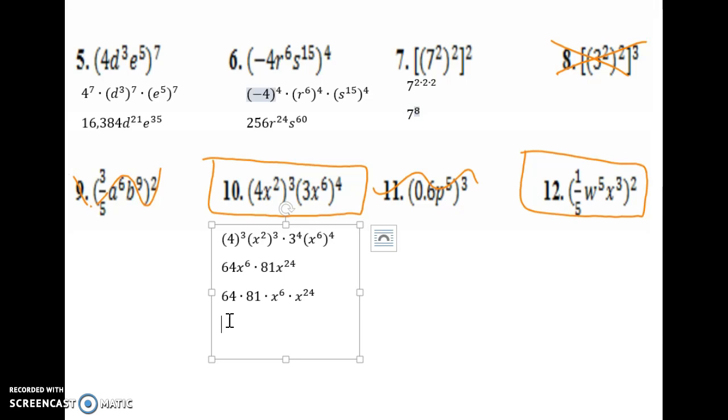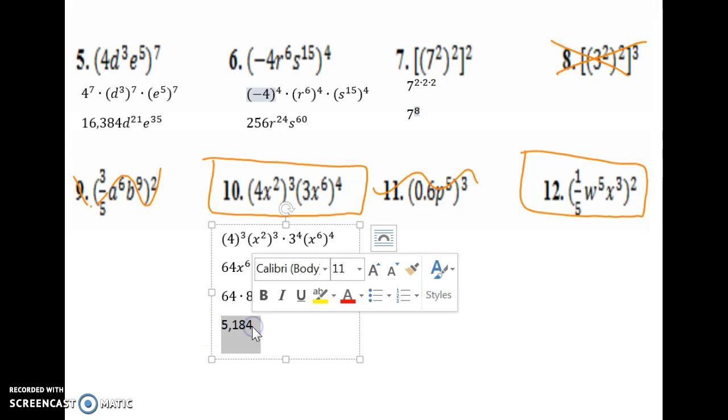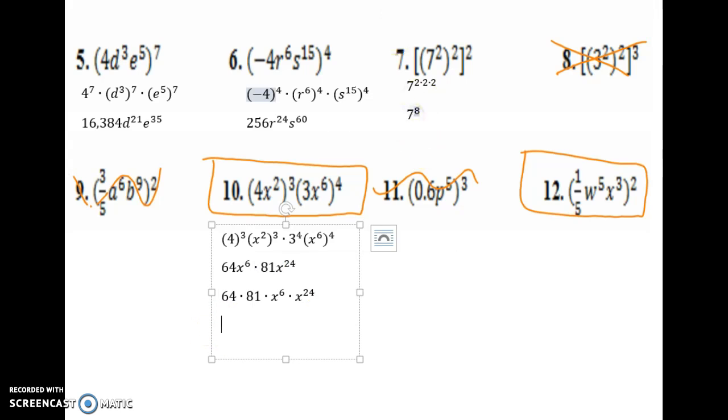So, just like before when we were working on multiplying powers with the same base, we're going to deal with the 64 times the 81 because those are not powers with the same base. 64 times 81 is just multiplying. So you get 5,184.